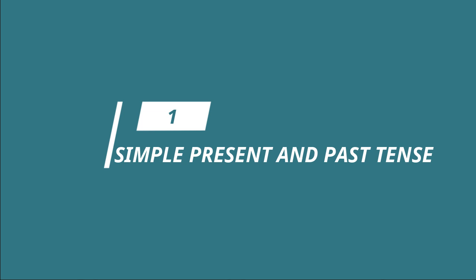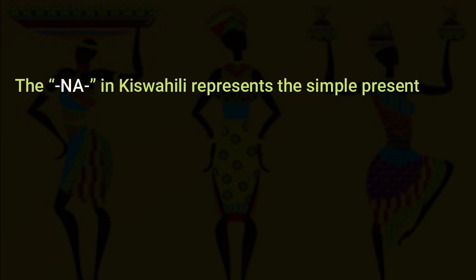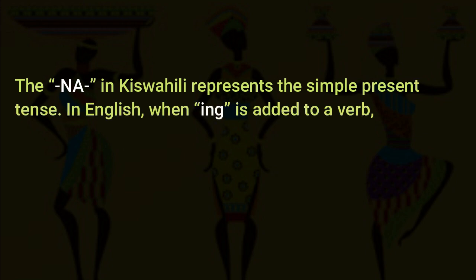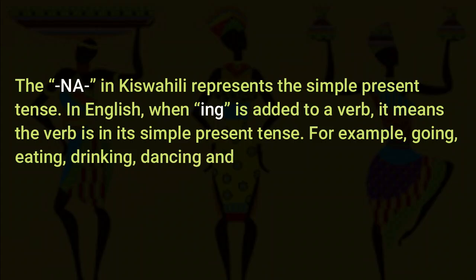Let's start with simple present tense. The na in Swahili represents the simple present tense. In English, when ing is added to a verb, it means the verb is in its simple present tense.